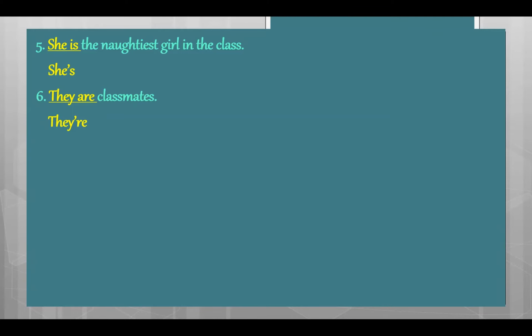They are becomes they're classmates. So I'm, you're, he's, we're, she's, they're. These are all contracted forms. Students, when you combine 2 words to make a contraction, you'll always take out some letters. In their place, use an apostrophe.